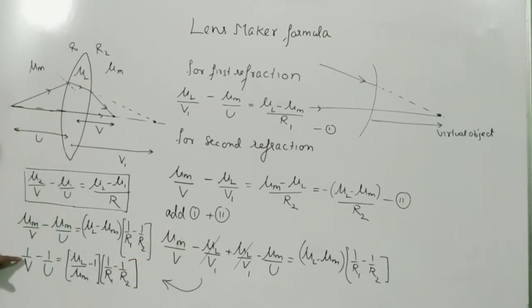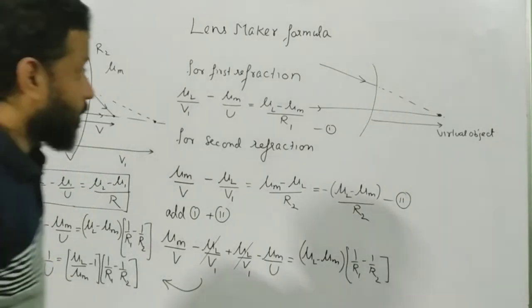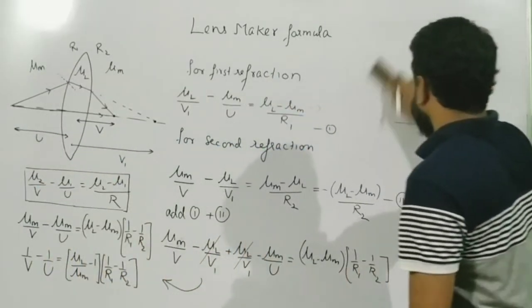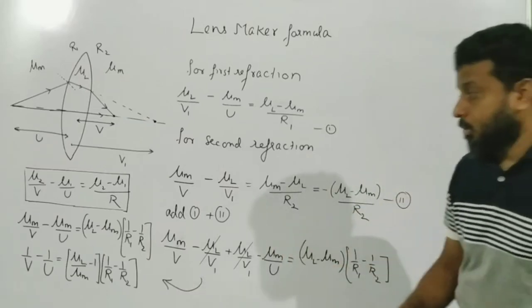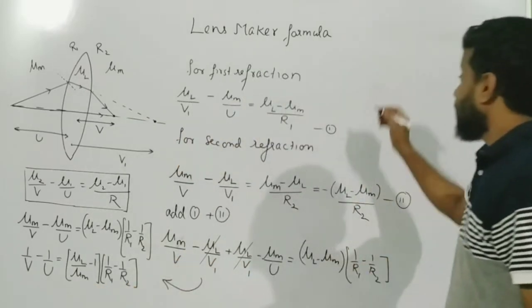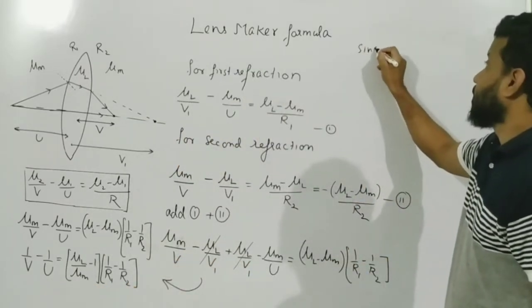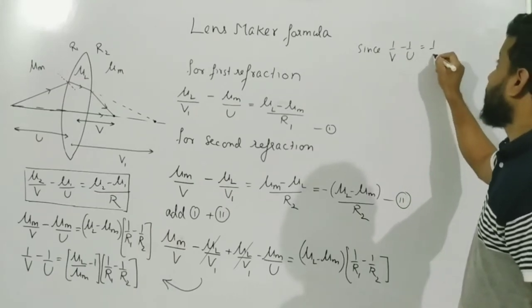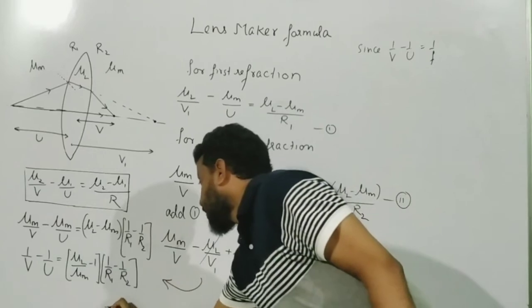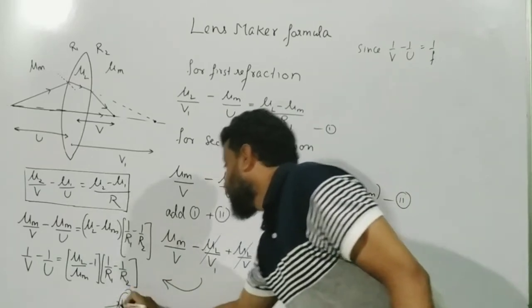And what is this term? 1 by V minus 1 by U. If you remember the lens formula, 1 by V minus 1 by U is 1 by F. So allow me to write the final expression over here. Since 1 by V minus 1 by U equals 1 by F, I can write this as equation 3.